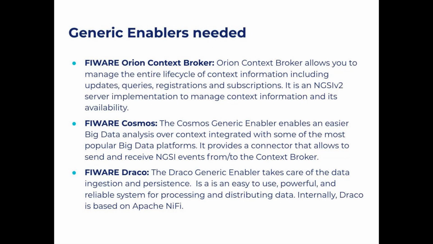We use the context broker for receiving all of the information that we generate from the web applications, and all of this information will also be stored in MongoDB through FIWARE Draco, which will be subscribed to Orion. This is a little overview of the architecture. We are going to talk about it in more detail in the next slides.